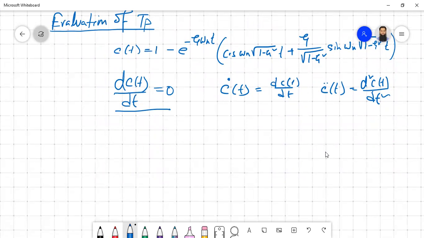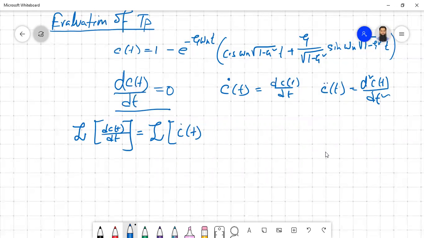What we have to do is take the Laplace transform version of it, so this is in the Laplace domain. Differentiation in the S domain is S times C of S. We already know what C of S is.